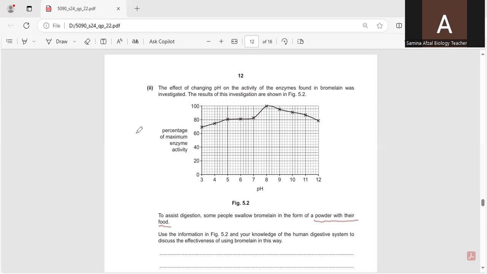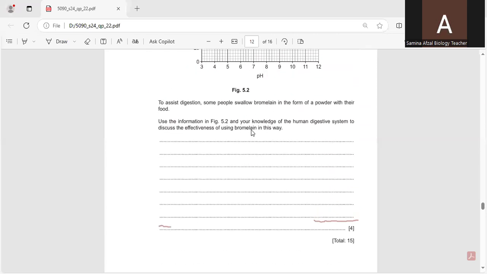Use the information in figure 5.2 and your knowledge of the human digestion system to discuss the effectiveness of using bromelain in this way, in the powdered form. So first of all, we will discuss this. What is the effectiveness of bromelain when it is used in powder form?